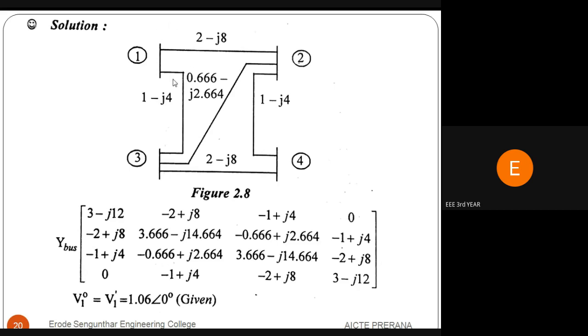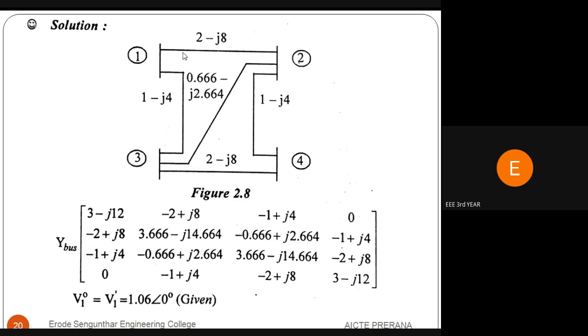For the first bus, we have to add all the admittances touching it. Two admittances are connected with the first bus, and these two values should be added. The real parts, 1 plus 2, give 3, and the imaginary parts, 4 plus 8, give 12. That is 3 minus j12.